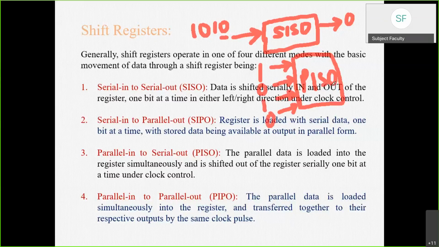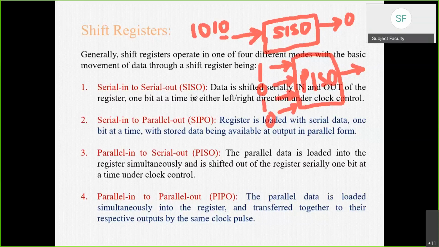And since it is serial out, the output will be taken in the serial fashion, that is one after the other. So whenever we are talking about serial, always remember that in serial configuration, the bits are transferred one after the other. That is the important point. And in case of parallel configuration, all bits are transferred simultaneously.